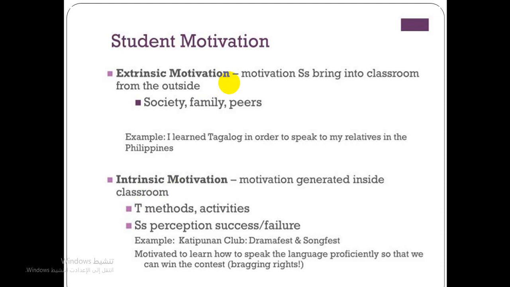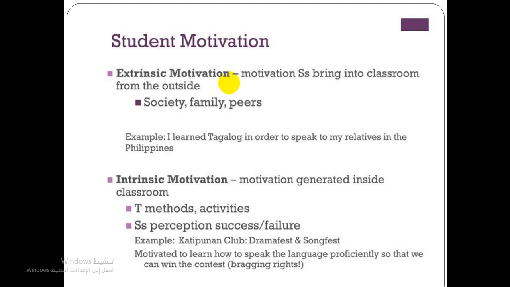It may be influenced by a number of external factors, such as the attitude of society, family, and peers to the subject. So the extrinsic motivation is the motivation that students bring into the classroom from outside.